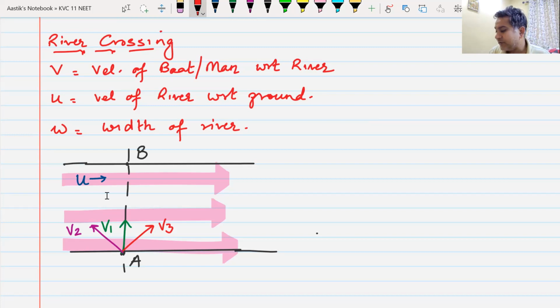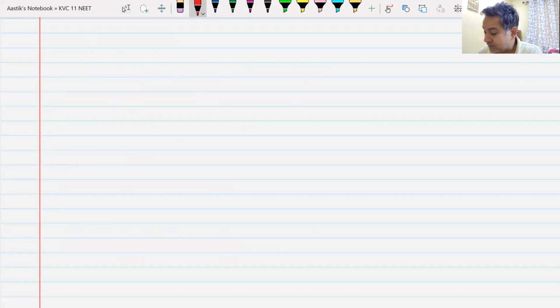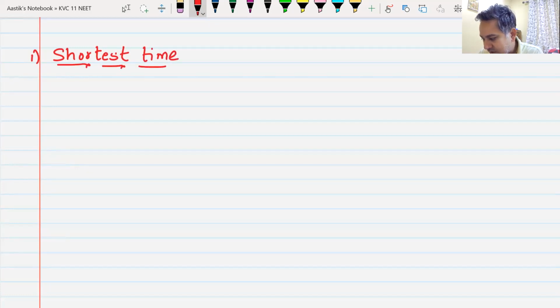We'll discuss the scenarios under the two headings that are there. The first heading is crossing the river in the shortest time. You have to cross the river and you have to take the shortest time to cross it. Now I would ask you, how would you cross the river and take the shortest time?